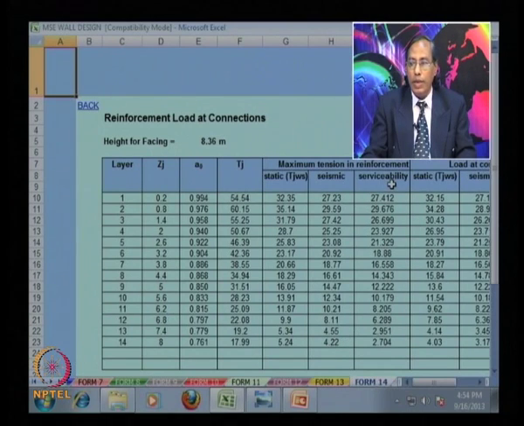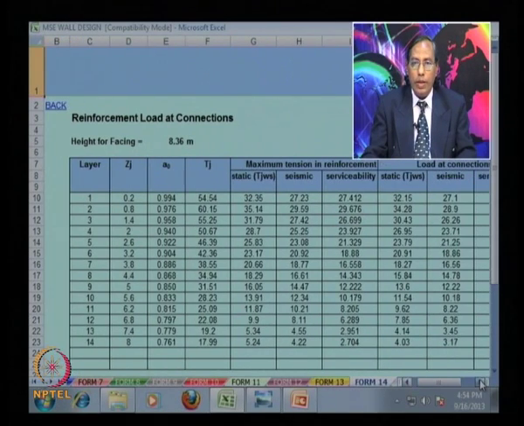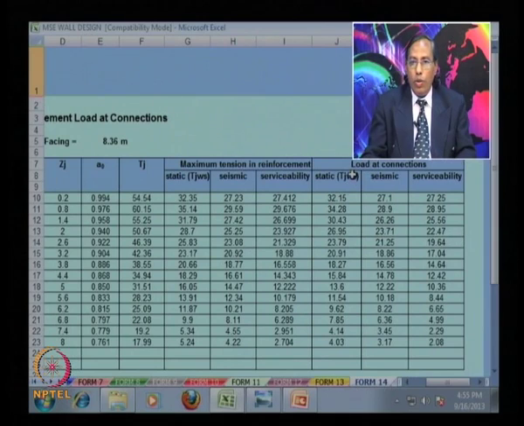Then serviceability, what is required, 27.412 to 2.704. That is the serviceability. Now, load at connection. This talks about the maximum tension in the reinforcement, in both static and seismic cases, and what the serviceability is.